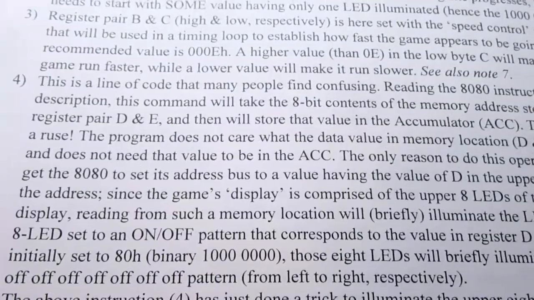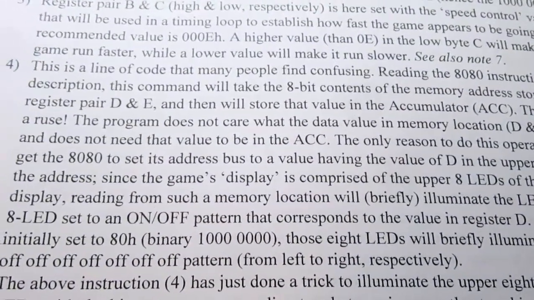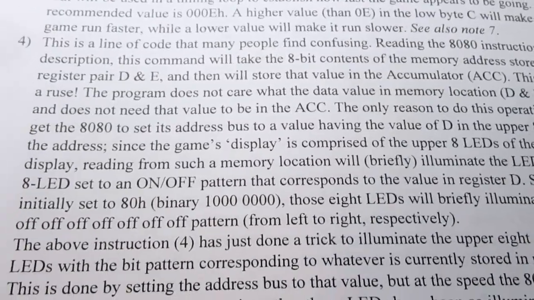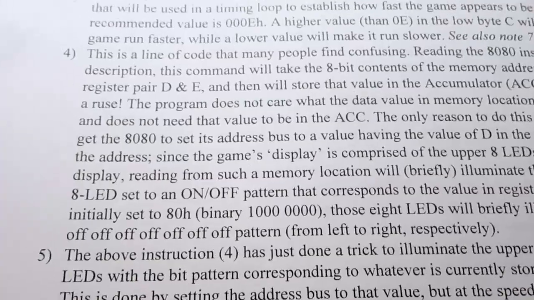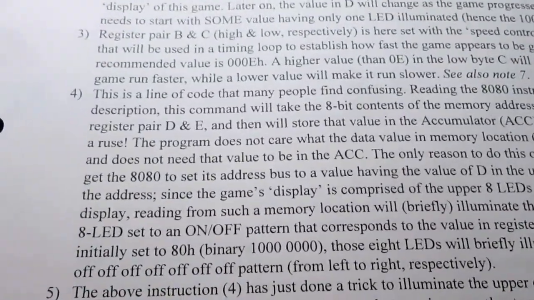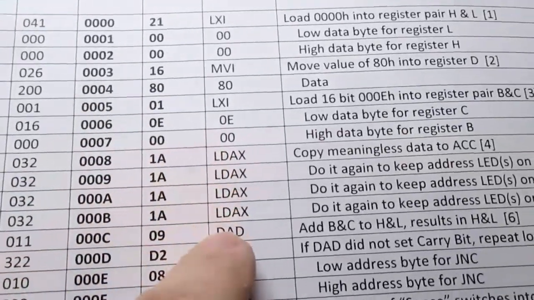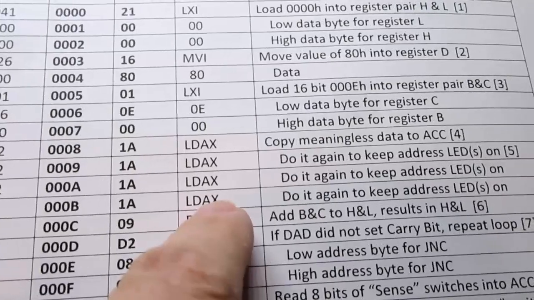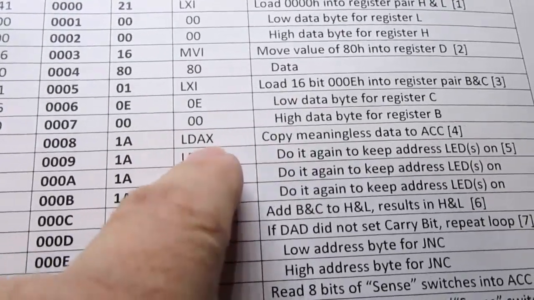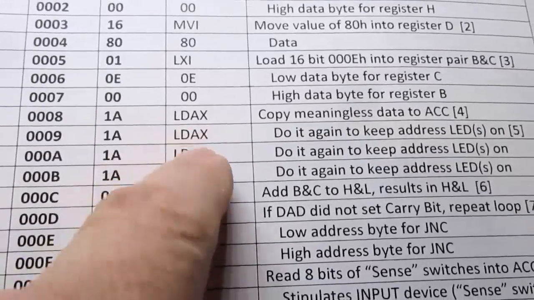The LEDs will be on for too short a period of time to see that they're on for playing the game. So that's why that instruction is done 4 times, right in a row. Bang, bang, bang, bang. Okay? That is enough to get the LEDs to light up in that pattern enough to at least have a chance to be visible to the user.